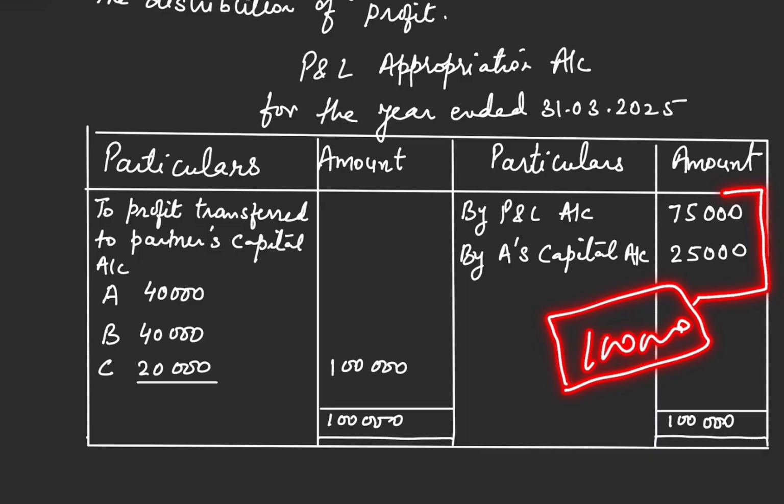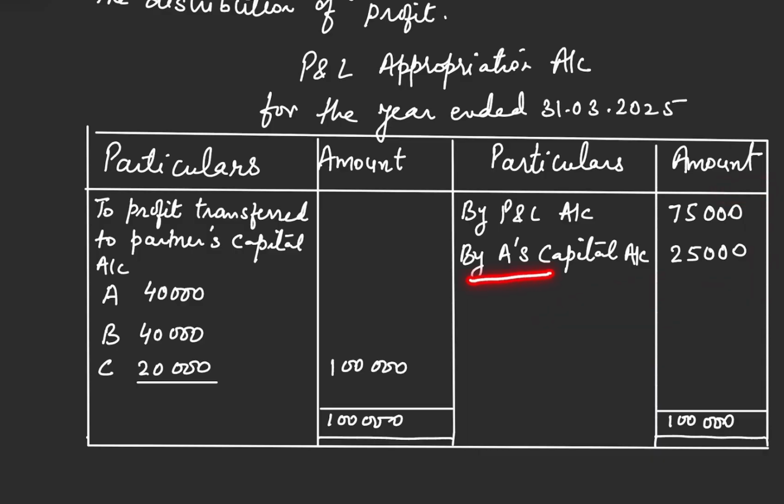This is the assured or minimum guaranteed profit that is being assured by A to the firm. Initially the firm earned 75,000, A has borne the deficiency of 25,000 through his capital account, and now the profit becomes rupees 1 lakh.